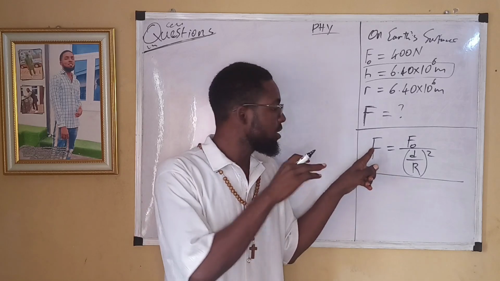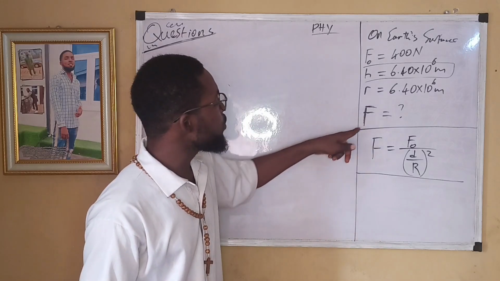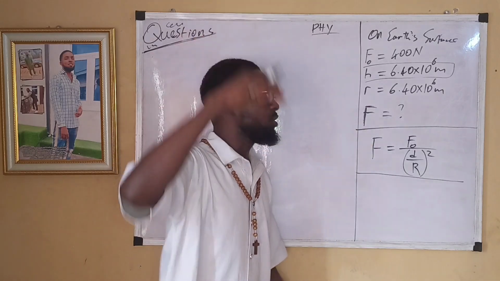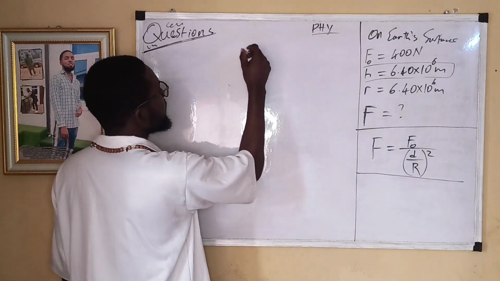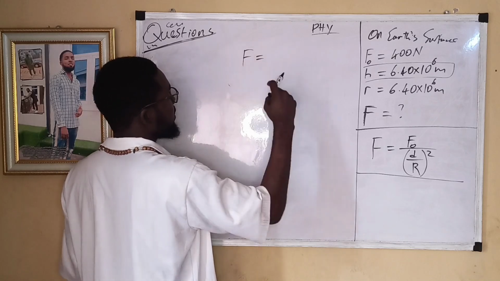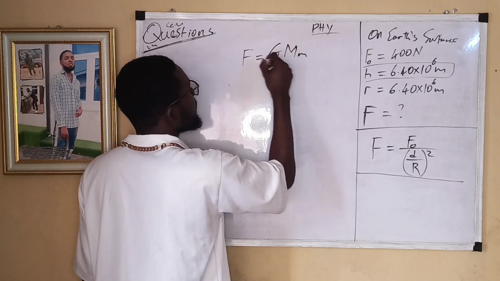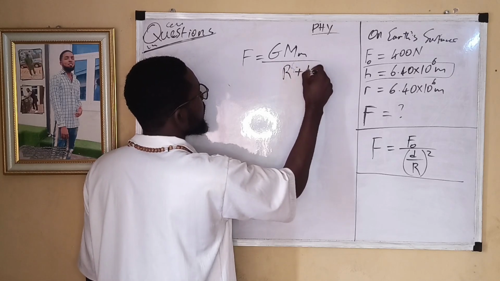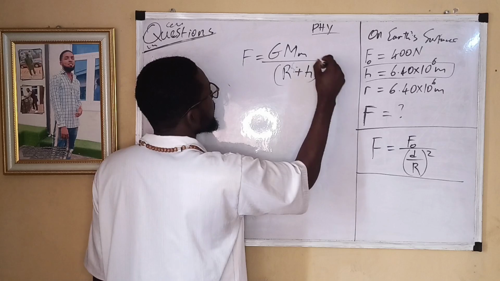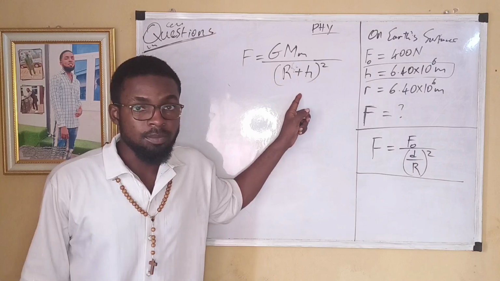Now, how come about this formula, and when do we need to use it? Since we are looking for weight at the altitude, the formula we use is GMm over (R plus h) squared. In our previous class, we discussed this.